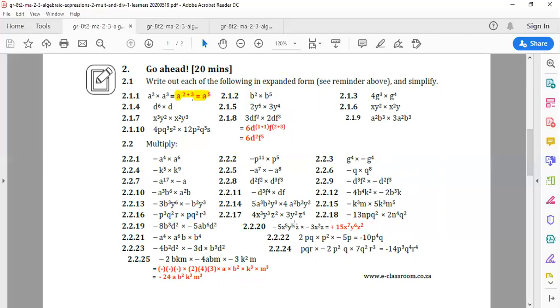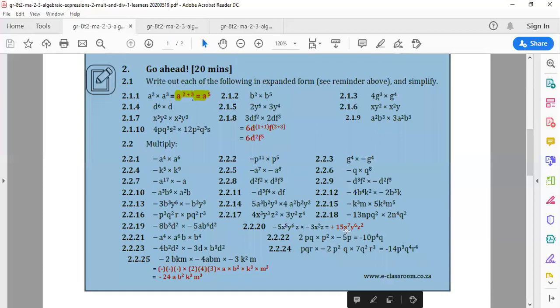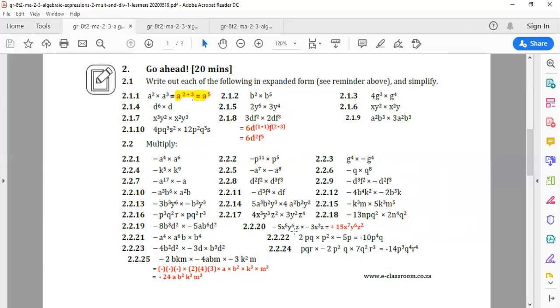X to the power 5 multiplied by x to the power 2 is x raised to the exponent 7. Y exponent 6, there is no y in the second term, it remains the same. Z multiplied by z is z squared.